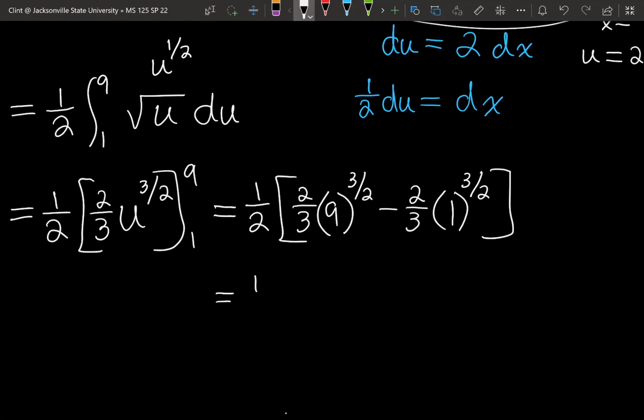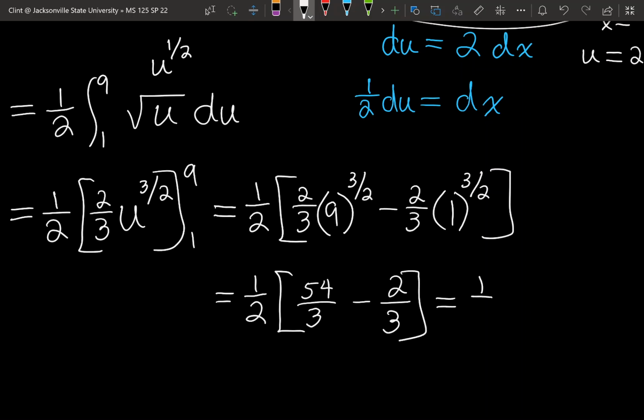So good time for a calculator. It's not too bad though. Let's see. Square root of 9 is 3. 3 to the 3rd is 27. 27 times 2 is 54. And then that one's just 1.